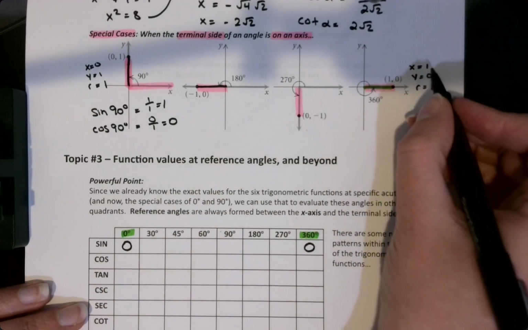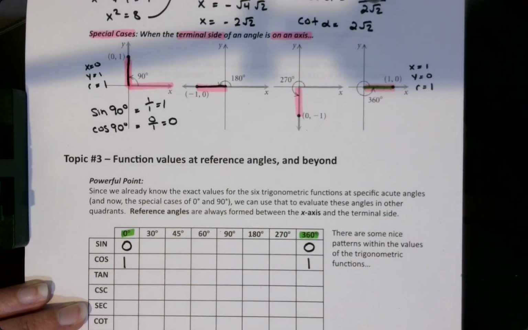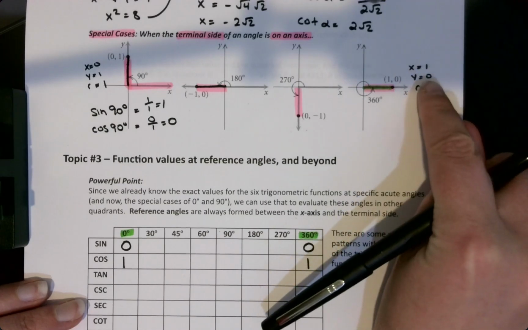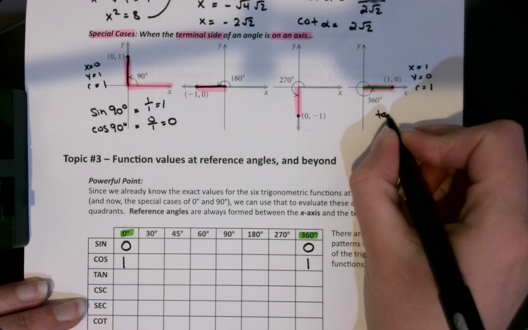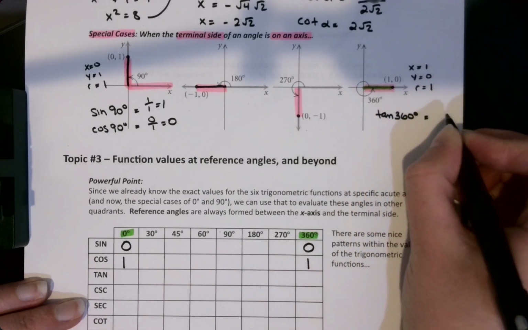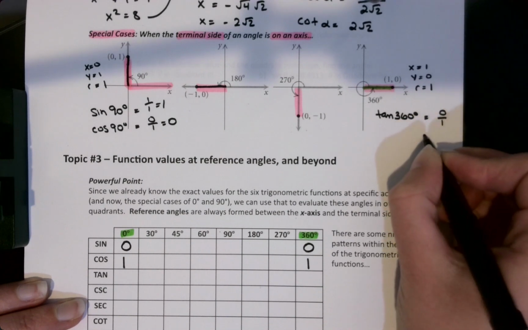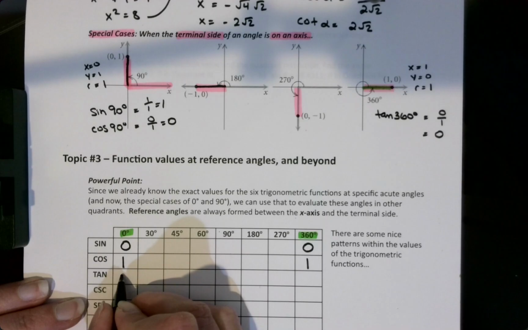The cosine of 0 is x over r, so 1 over 1, which is 1 for both of those. Then the tangent is supposed to be y over x. So the tangent of 360 degrees is 0 over 1. So that is 0.